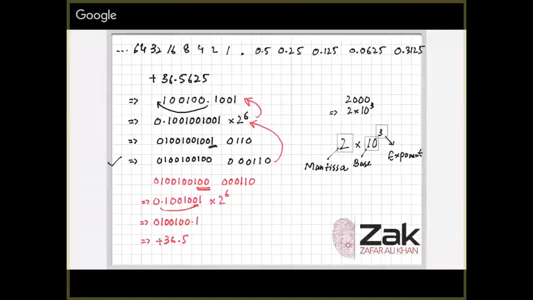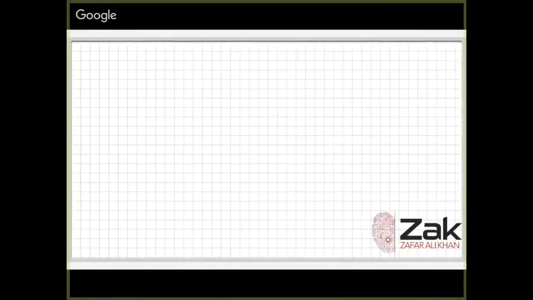Now, if we have got a negative number given and we want to solve it, how do we solve that? So let's say we have this one.